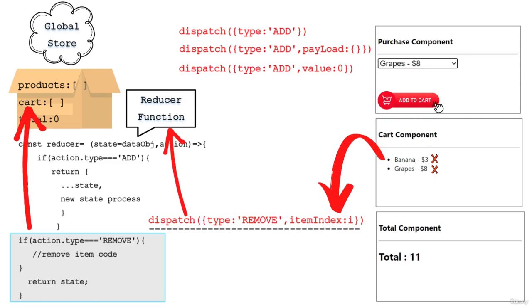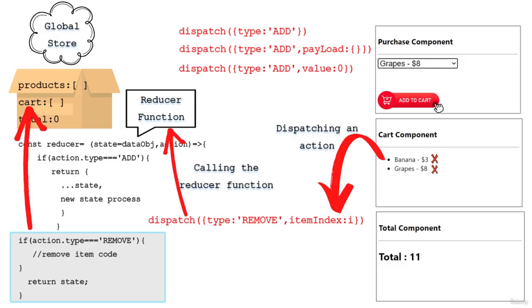So component is dispatching an action and also calling the reducer function, and reducer function, depending on the type of action, it changes the cart here. So this is how the dispatch, reducer and global store works together. Once we see it practically, you will have a better idea, but this is the flow of Redux application as well.